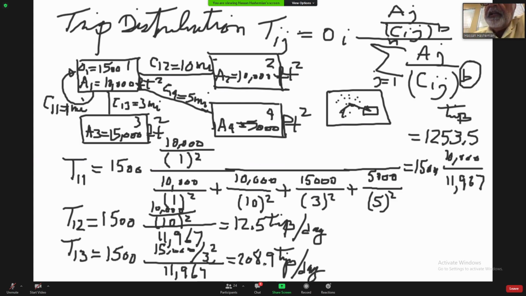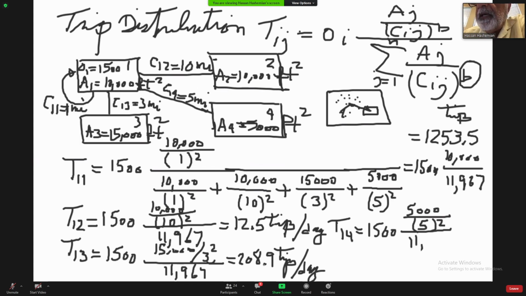And for shopping center 4, which is T14, you have again 1,500 times 5,000 divided by 5 squared over the same thing, 11,967.